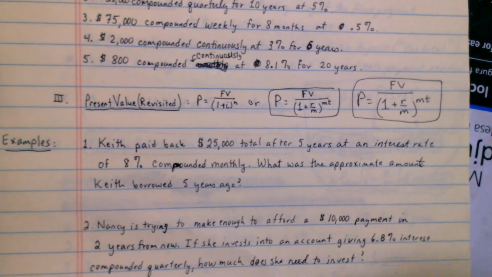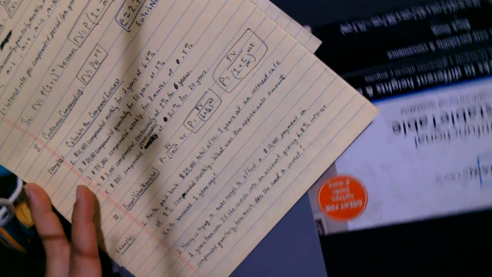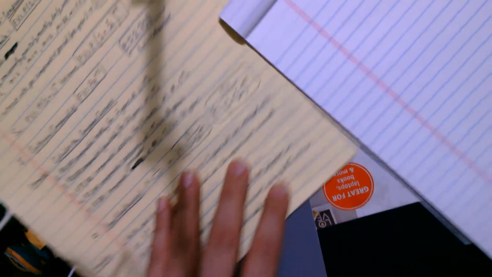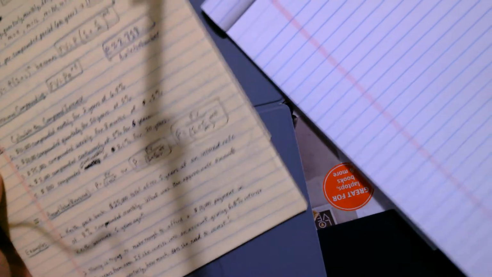Okay, so let me back this up. See if I can turn this a little bit sideways. Hope not to mess you up too much here, but so I can get both problems in here.